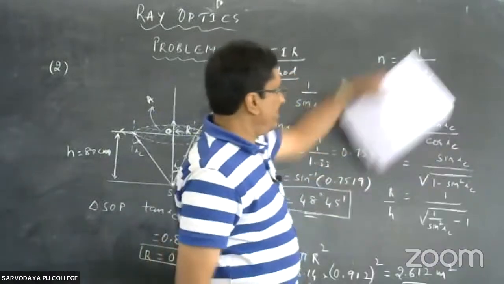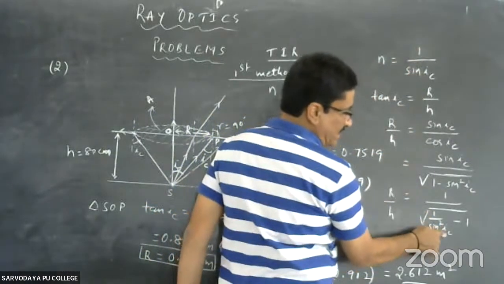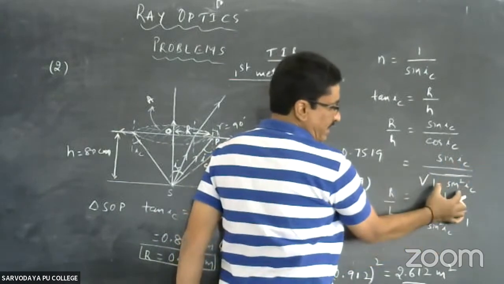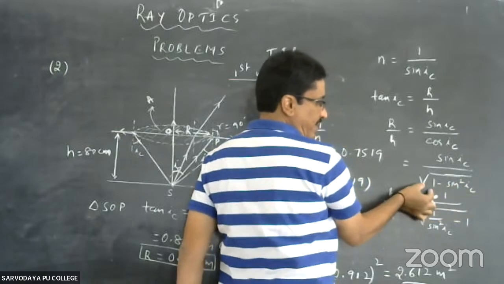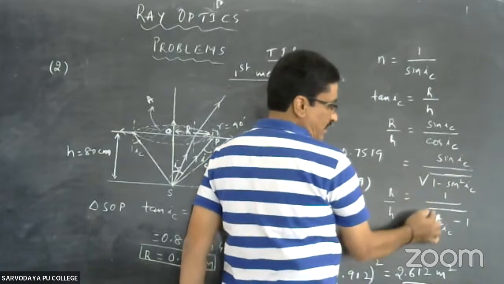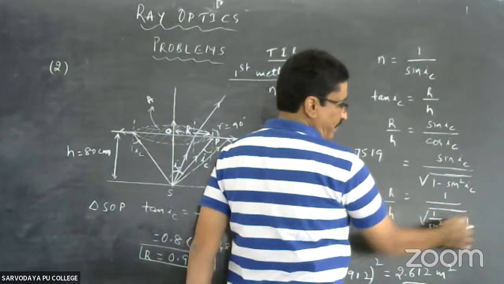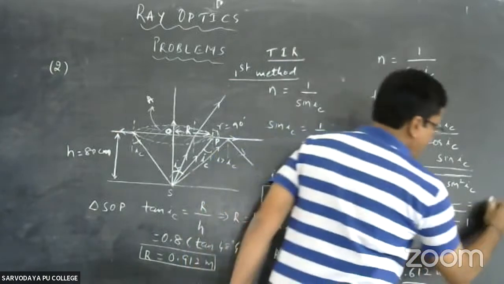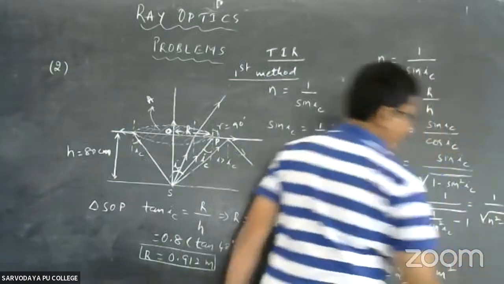But just now I have given the formula: n is equal to 1 by sin IC, so 1 by sin square IC. Otherwise, you can take sin square IC as a common factor outside the root, sin IC cancels out, and we get 1 over root of 1 by sin square IC minus 1. But this can be written as 1 by root of n square minus 1.